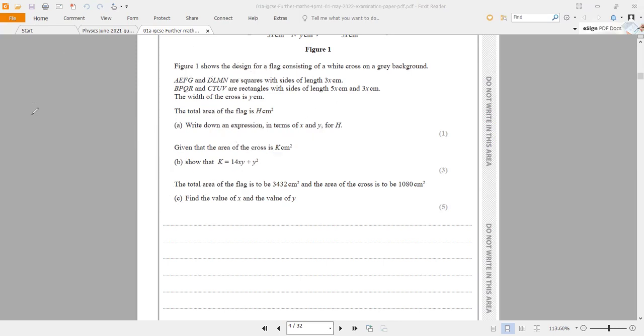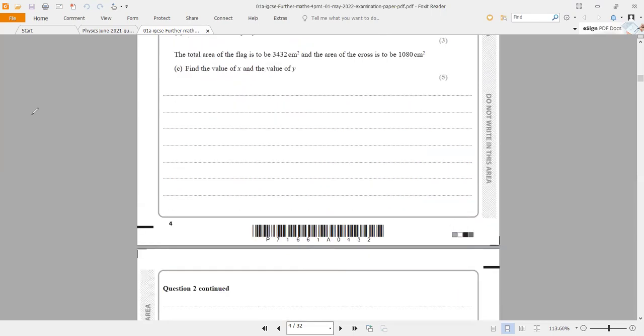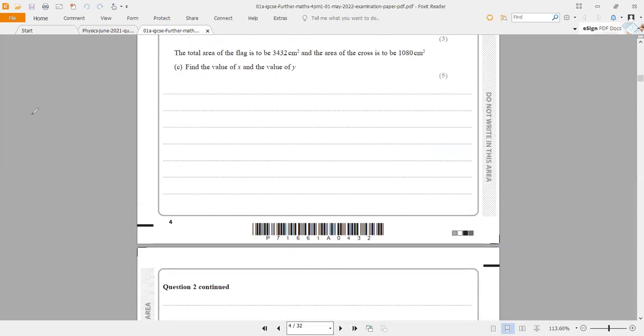Then we'll move on to the next question. The total area of the flag is to be 3432 centimeter square, and the area of the cross is to be 1080 centimeter square. Find the value of x and the value of y. So we begin to solve.